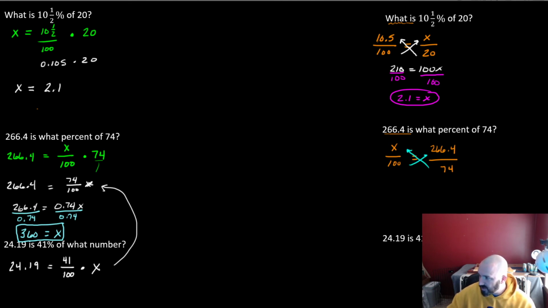That's going to give us 74x is equal to 26640. Then we divide both sides by 74. 26640 divided by 74, and we get 360. Now it's good that we're getting the same answers, because otherwise something bad would have happened.